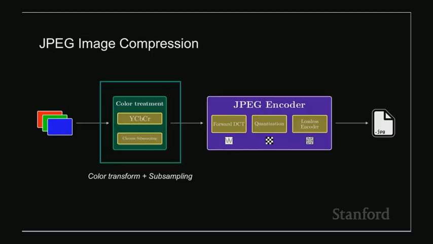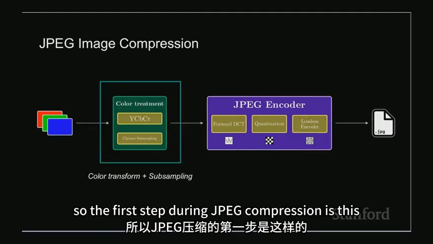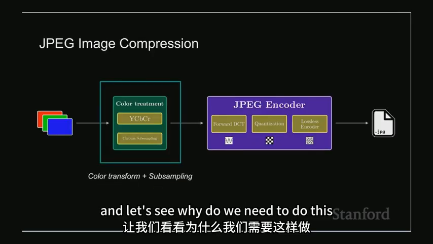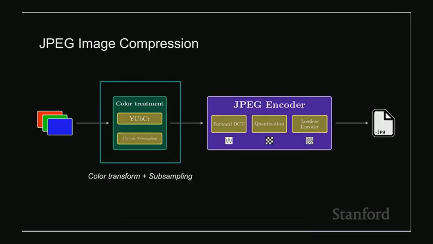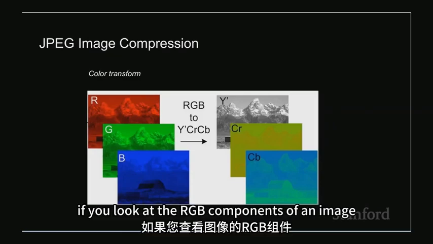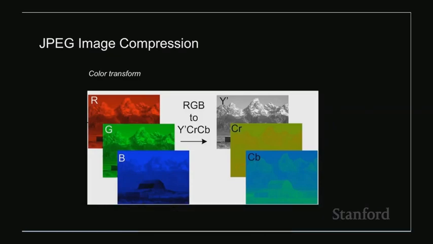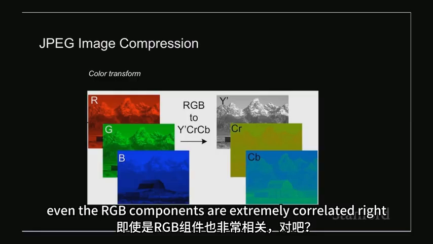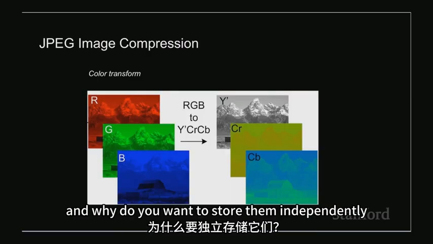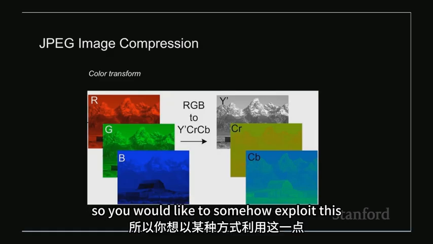Okay. So the first step during JPEG compression is this color transform and subsampling. And let's see why we need to do this. If you look at the RGB components of an image, even the RGB components are extremely correlated, right? They have the same spatial correlation. And why do you want to store them independently? So you would like to somehow exploit this.